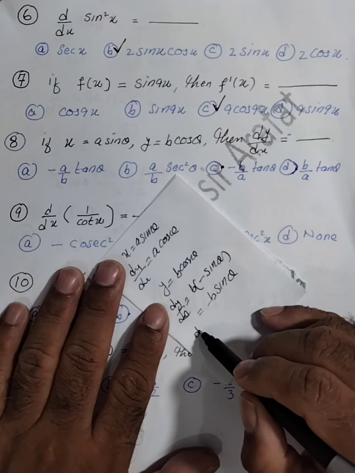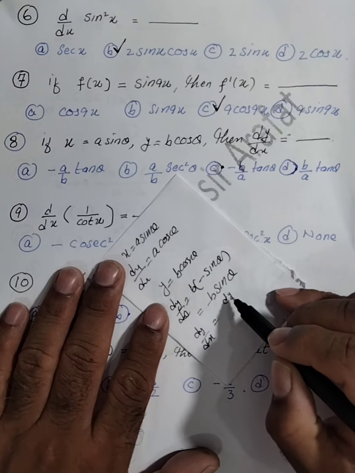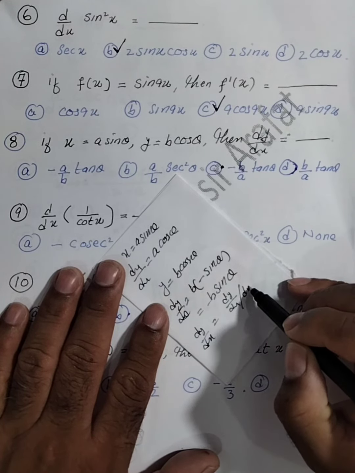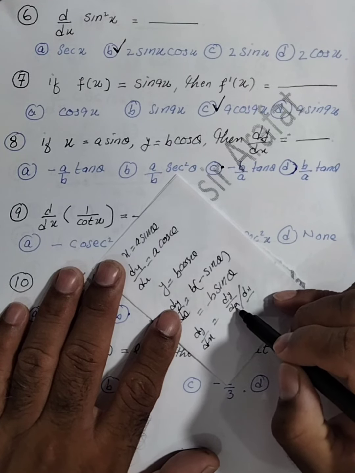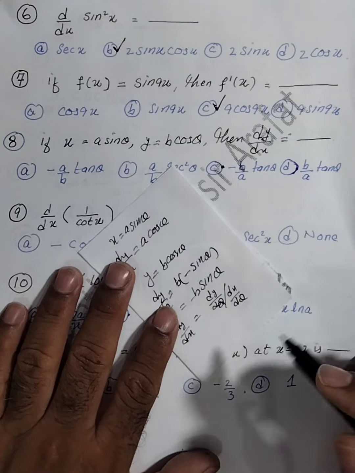So the parametric equation can be written in this form: dy upon dx will be equals to dy over d theta divided by dx over d theta.